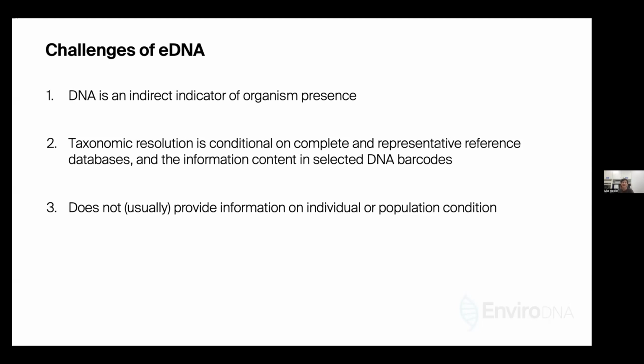And frankly, all of these issues that I'm listing here, reference databases, how you interpret DNA, and the other kinds of information that we currently don't commonly get from eDNA, things like population genetic information or condition of animals or their sex, are all areas that are improving through time, although there will always, of course, be some information eDNA can never provide.